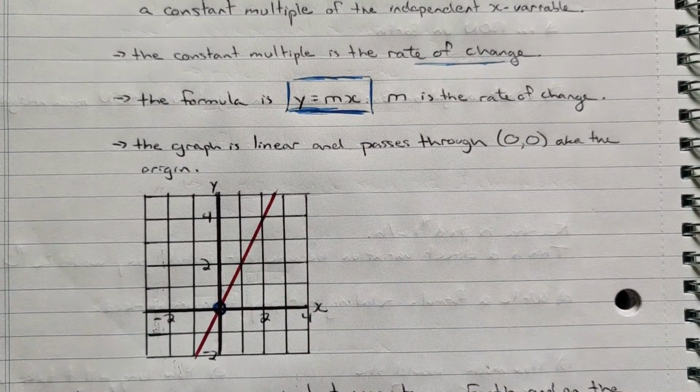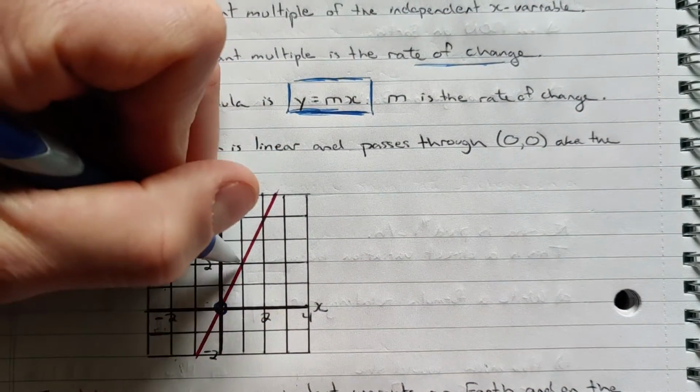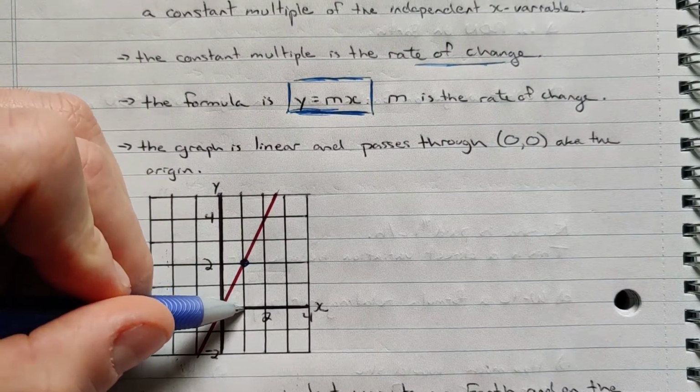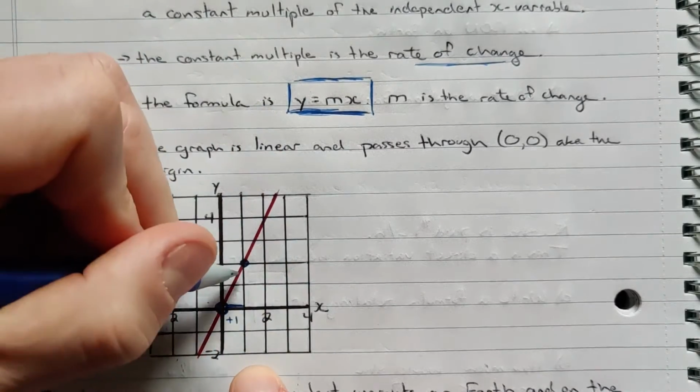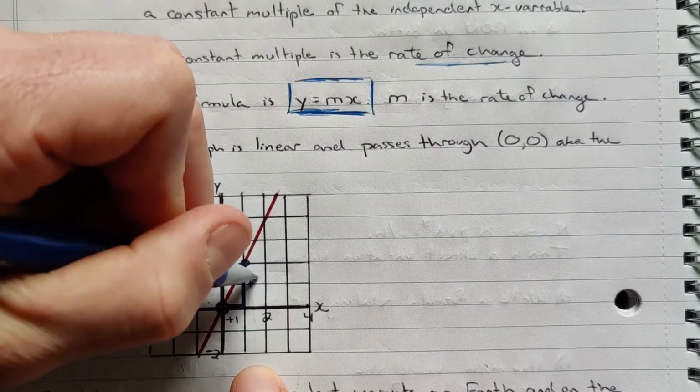If you look, we could even make an equation for this line. If we find our rate of change, we can pick a point right here. When we go over 1, our run is plus 1. There's our little triangle of rate of change, and then we're going up 2.